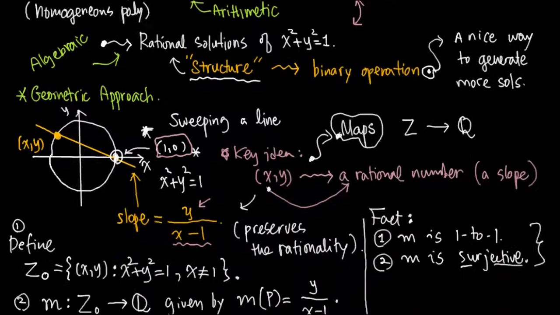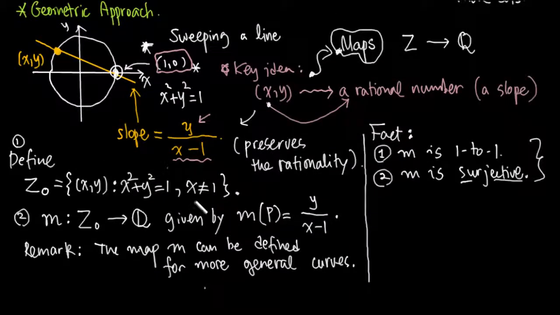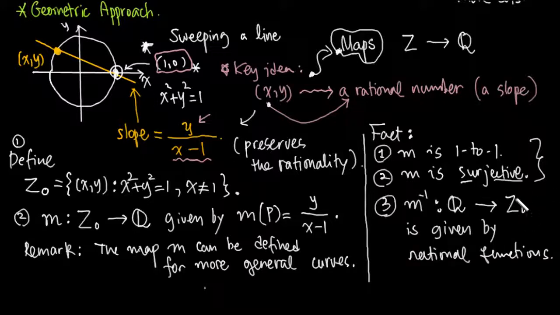Here we described it in terms of maps. The stronger effect is that the inverse map, going from each slope, represented by t, corresponds to exactly one point on this unit circle. Each of the coordinates we describe in terms of this slope is given by rational functions.